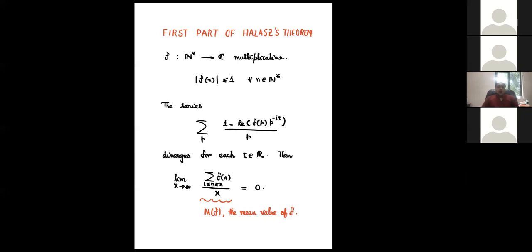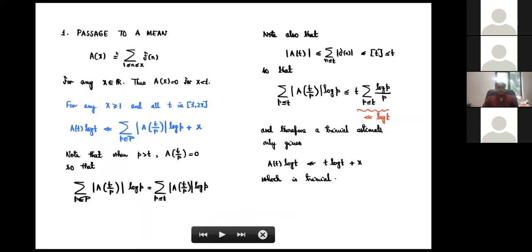This part, however, has the longest proof, and we were looking at the first part of the proof. So, to review what we did yesterday, we started by passing to a mean.